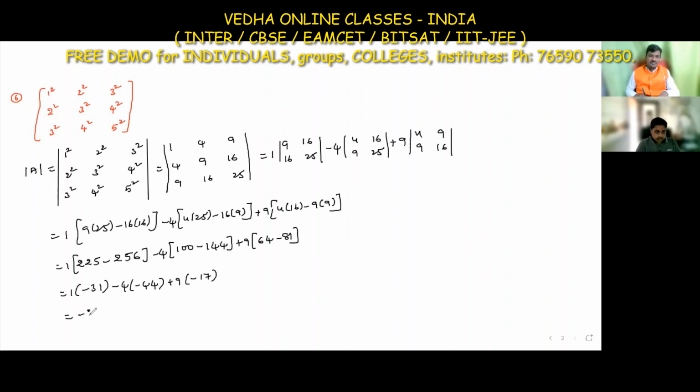So minus 31, minus into minus is plus, 4 fours are 16, plus 1 17, so 9 sevens are 63 and 9 ones are 9, 153. 153 and 31, so the positive is 176 and the negative is 184.